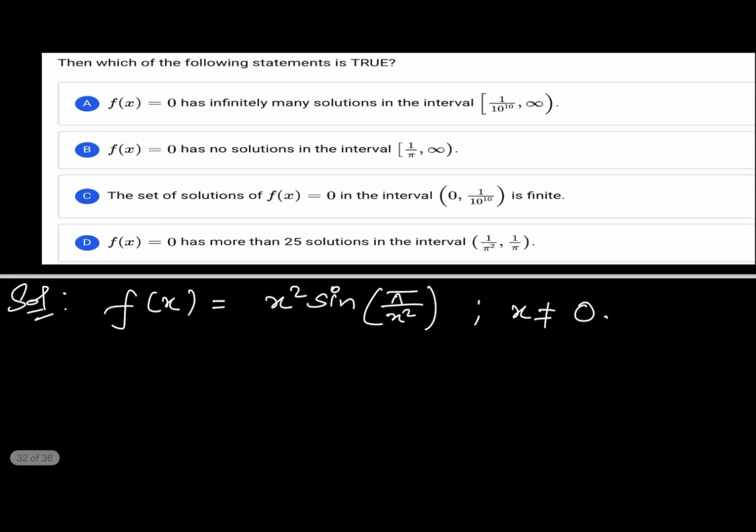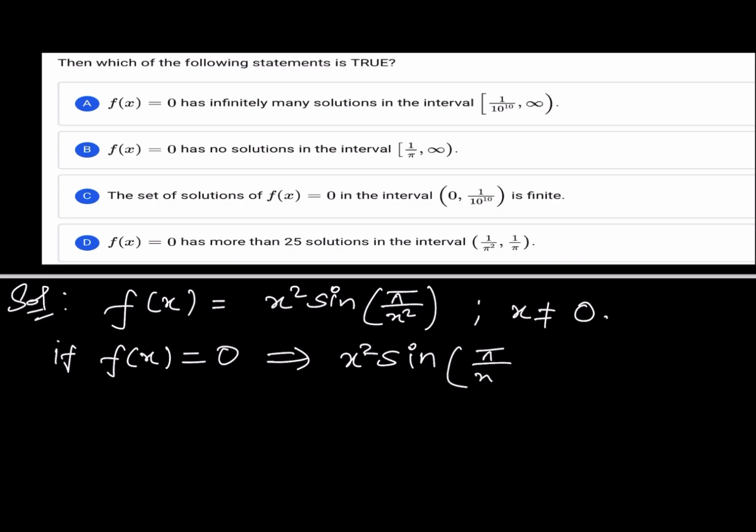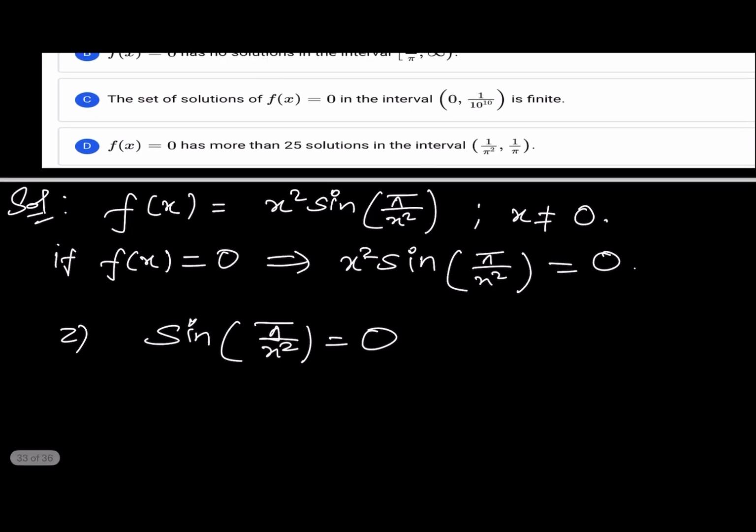So if f(x) is equal to 0, it implies x² sin(π/x²) is equal to 0, so sin(π/x²) is equal to 0 only, as x is not equal to 0.